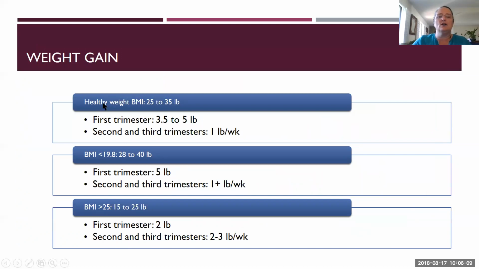So somebody that is at a healthy weight, a healthy BMI under 25, should be gaining about 25 to 35 pounds during the pregnancy. Someone that is underweight should be gaining about 40 pounds, and somebody that is overweight should only gain about 15 to 25 pounds.